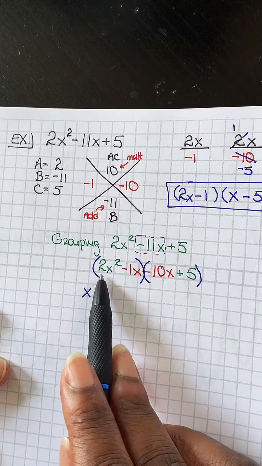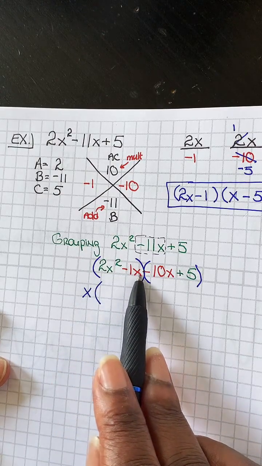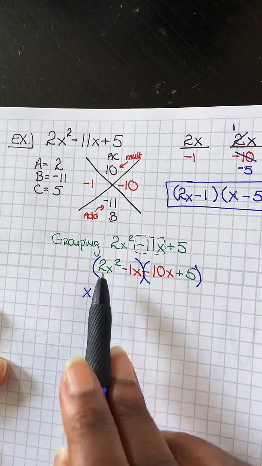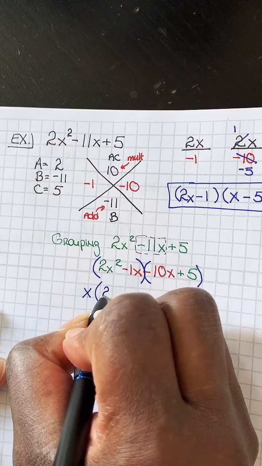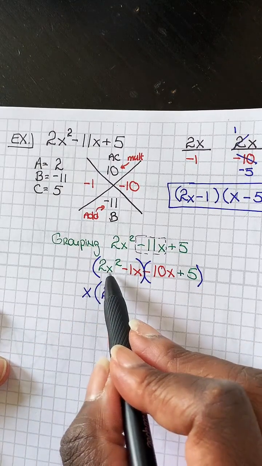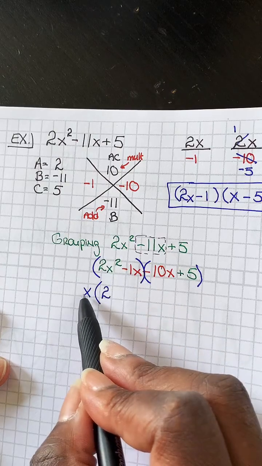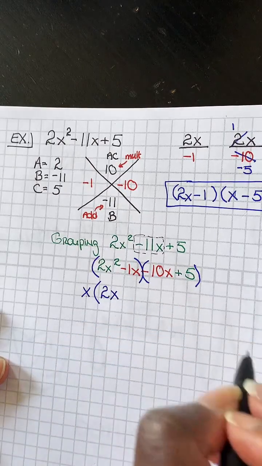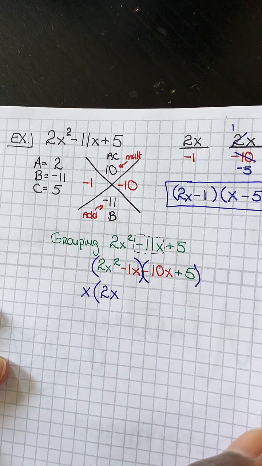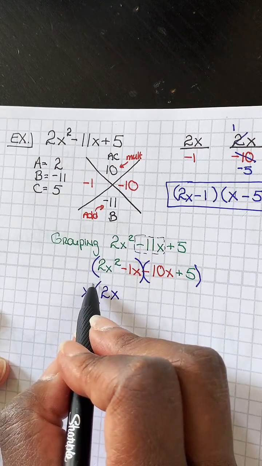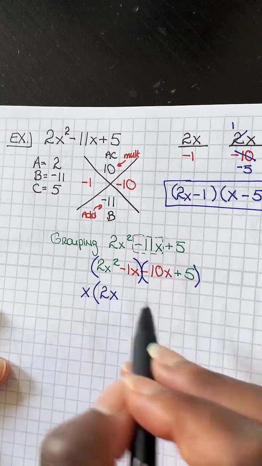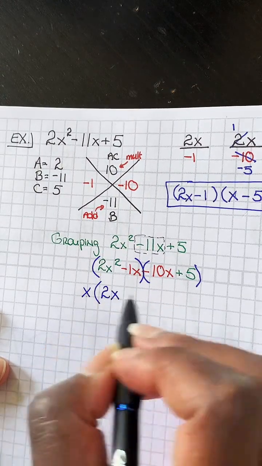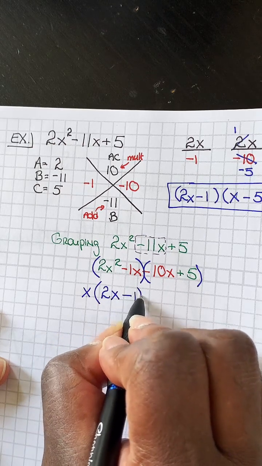So now you divide the original first parenthesis by the x. The 2 can just come down because 2 divided by 1 is 2. The exponent of 2 minus the exponent of 1 gives us our 2x. Negative 1x divided by x is simply negative 1.